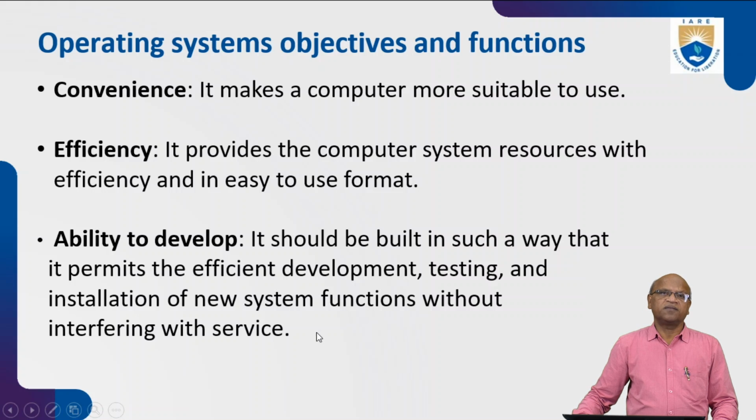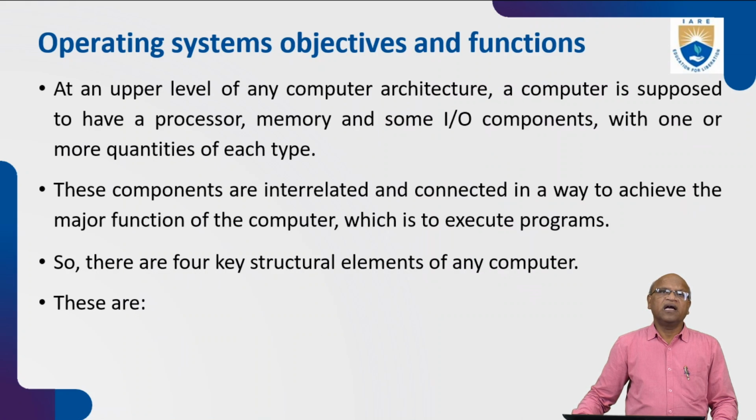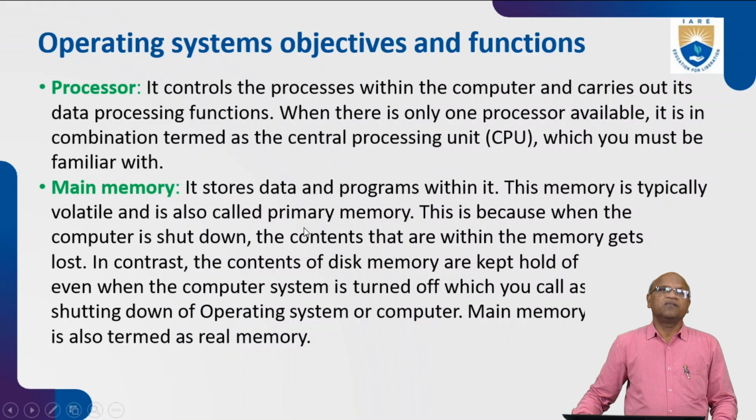So at an upper level of the computer architecture, a computer is supposed to have a processor, memory, and some I/O components, with one or more of each type. These components are interrelated and connected in a way to achieve the major function of the computer, which is to execute programs. So there are four key structural elements of a computer.